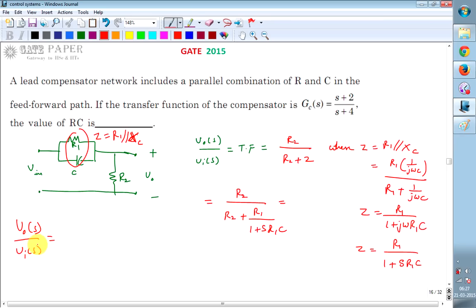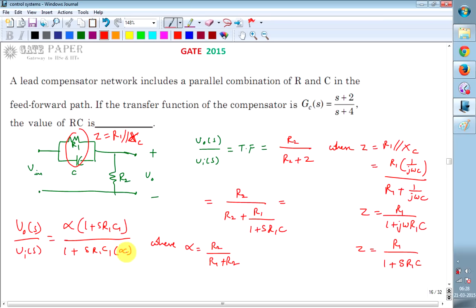It's a standard equation for the lead compensator, which you can write as alpha times of (1 plus S R1C1) divided by (1 plus S R1C1 times alpha). This is the general transfer function of a lead compensator, where alpha is equal to R2 by (R1 plus R2).